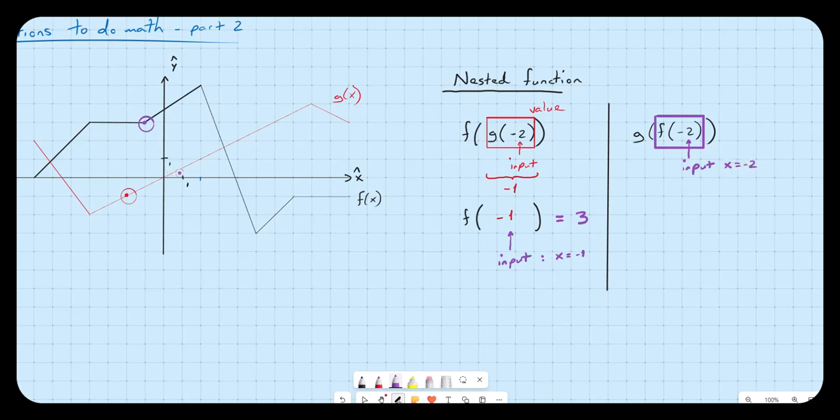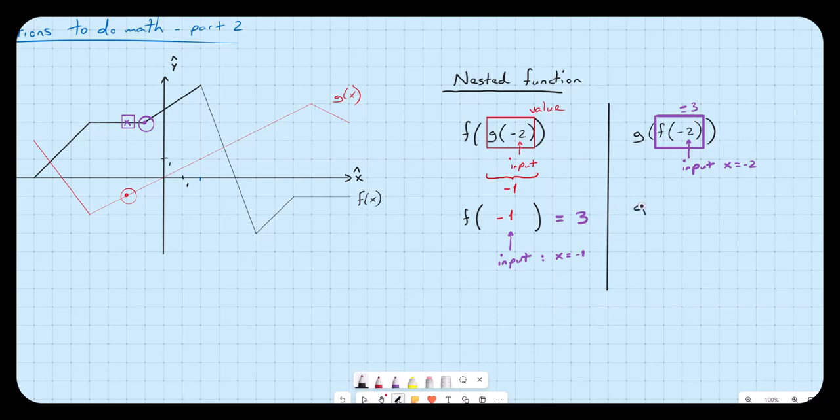When I go to x equals negative 2, 1, 2, I am right here. I'll put a box around it this time. So my f value is 1, 2, 3 is 3. So this whole thing equals 3.